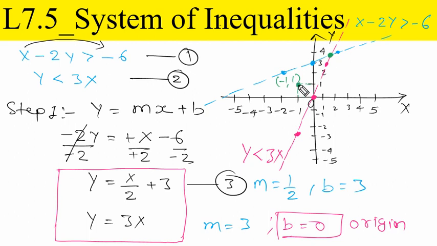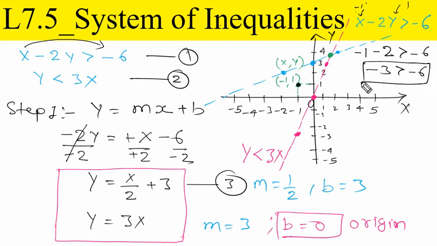Now let's check this test point. Using the test point -1, 1, x is -1, y is 1. Let's put here -1 and again -2 multiplied by 1. So -1 minus 2 times 1 is -1 minus 2, which is -3, more than -6.